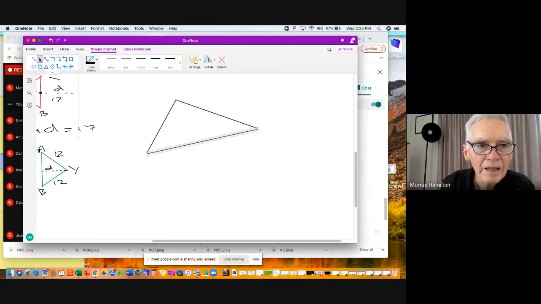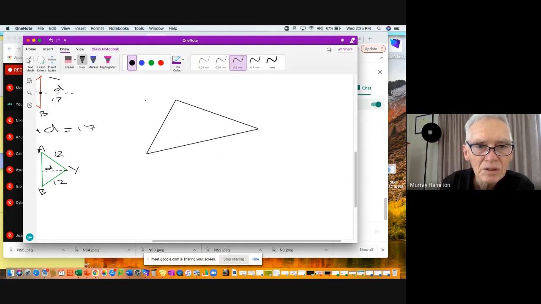This is 5 centimeters. This is 9 centimeters. This here is 99 degrees. And I want to know what this angle here is, which I'm going to call angle A. So we're going to use the sine rule to do this, and I'm going to show you how it works.